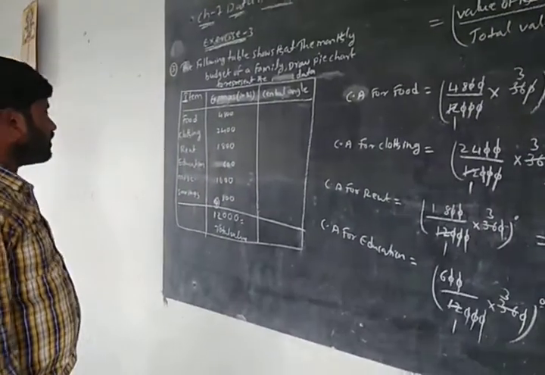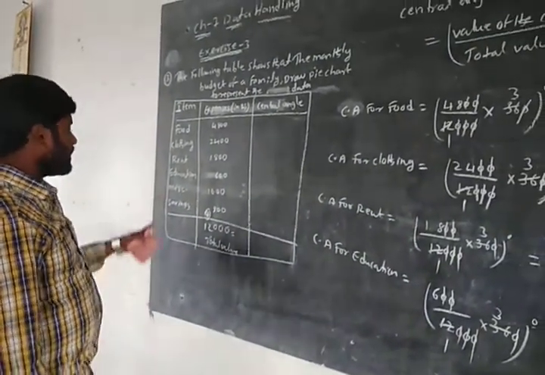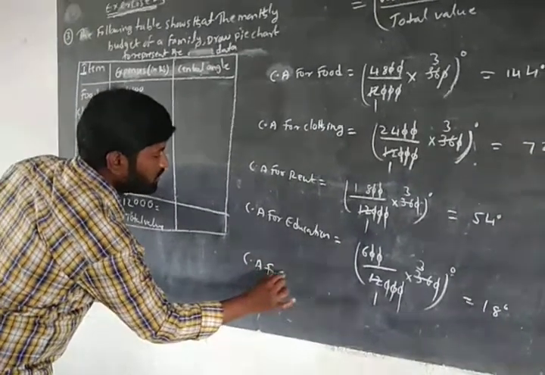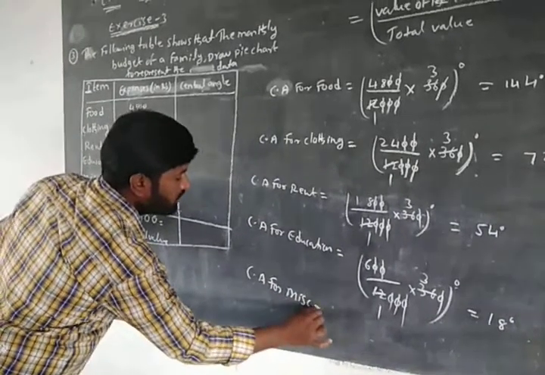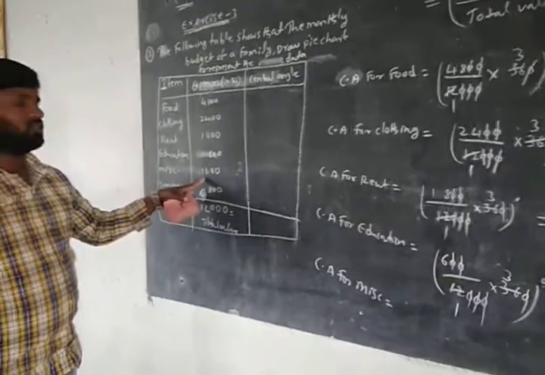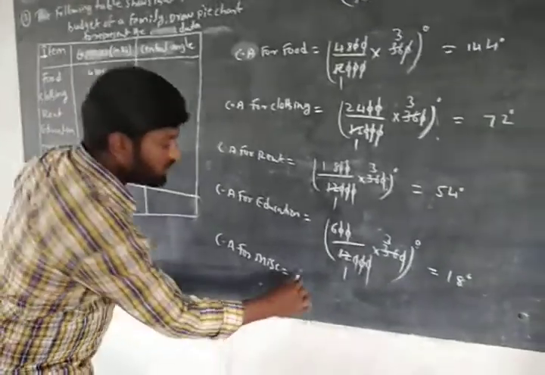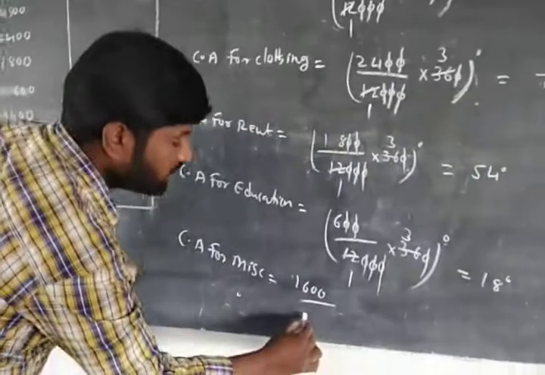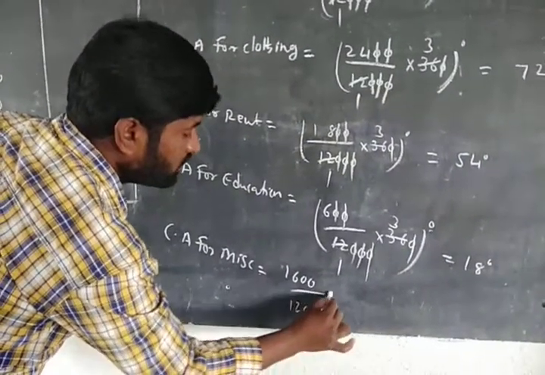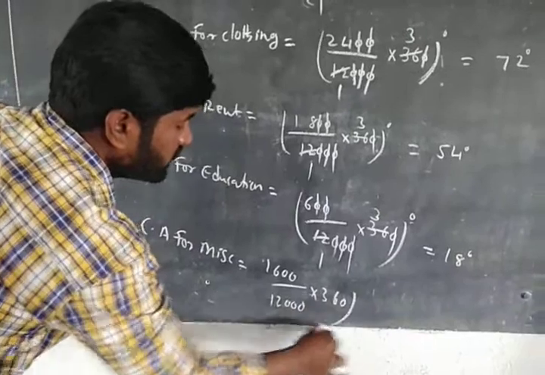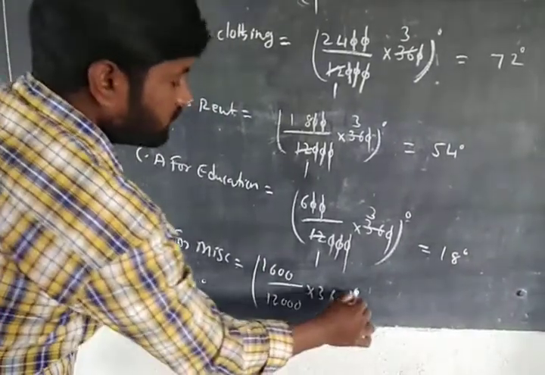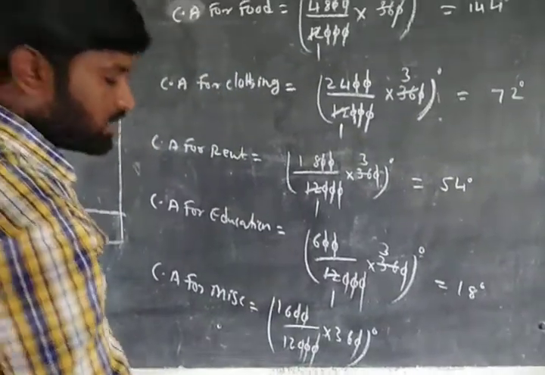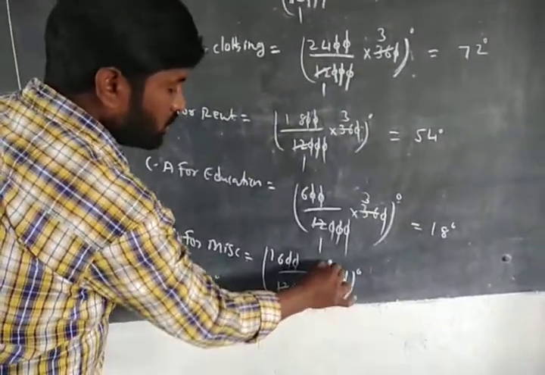Okay. So next, central angle for MISC. That is equal to 1600 divided by 12,000, into 360 degrees. The zeros cancel. 12 ones are 12, 12 threes are 36.